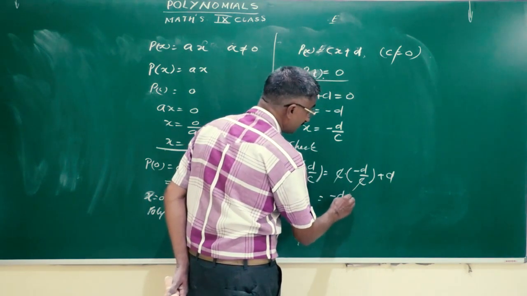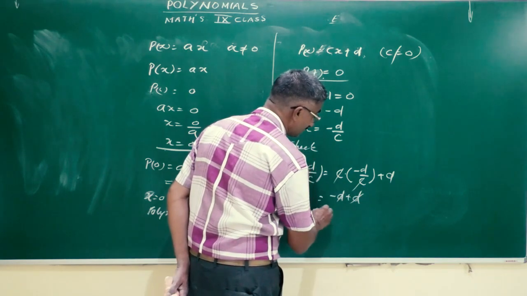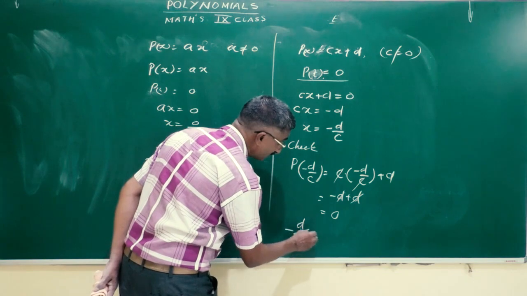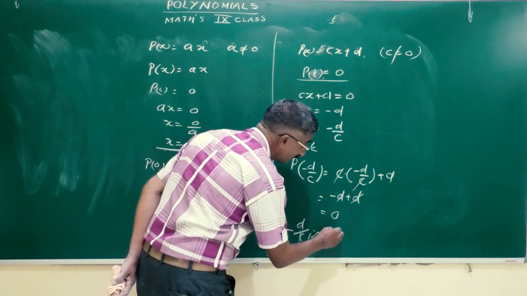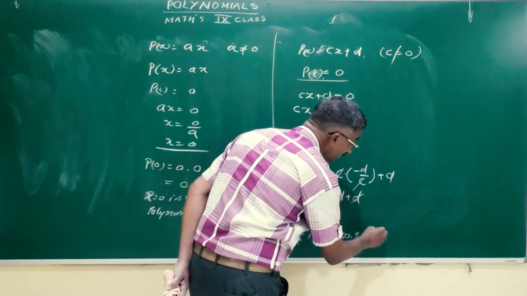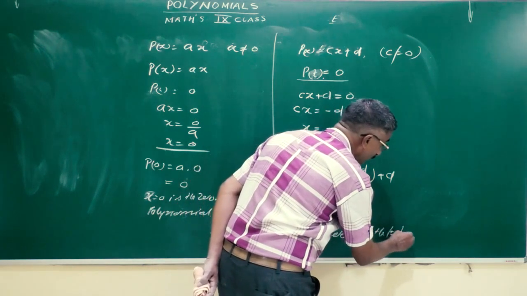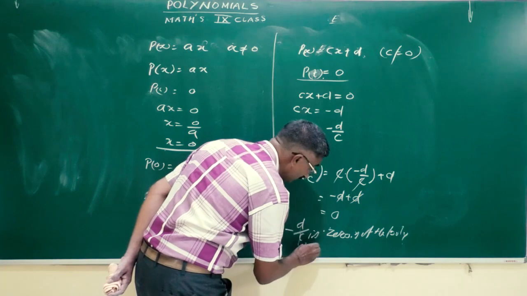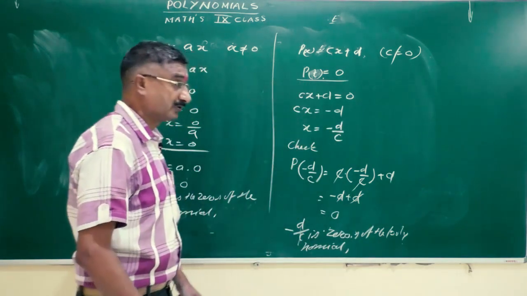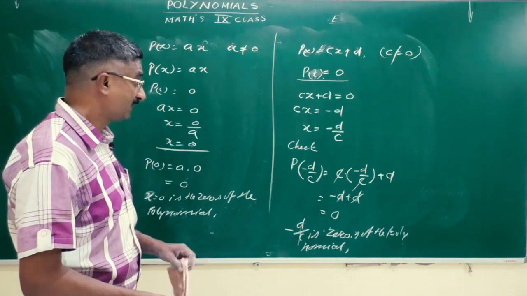So this is minus D plus D. This is cancelled. So it is equal to 0. So minus D upon C is the zero of the polynomial.